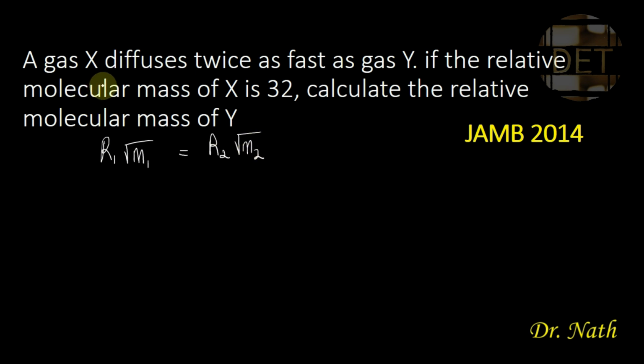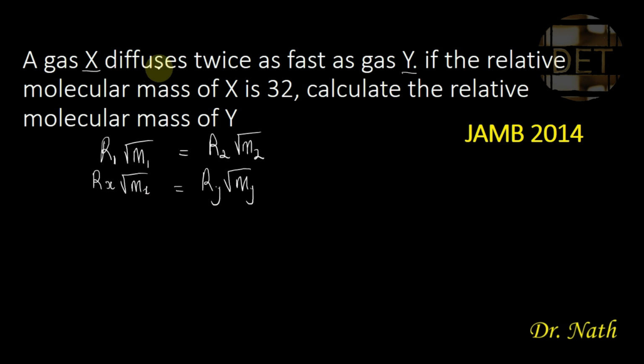Since the gases we're discussing are gas X and gas Y, our 1 will be X, then our 2 will be Y. So that will be Rx square root of Mx is equal to Ry square root of My. Having written this, we read again.